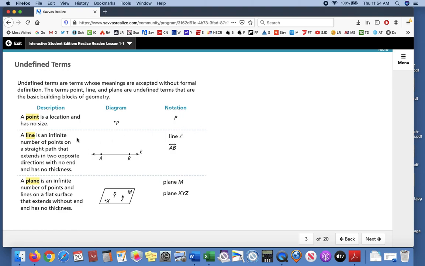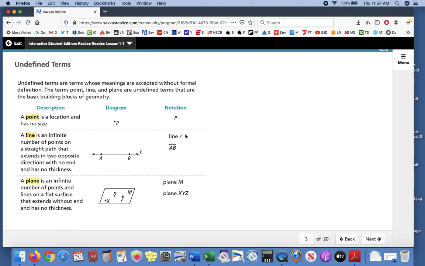A line is an infinite number of points on a straight path that extend in two opposite directions with no end and has no thickness. So even though often in a diagram you'll see a line drawn, it actually has no thickness. It goes on forever and ever to the left and right in this case. The diagram for it sometimes can have a scripted letter to represent line L, like it's written here.